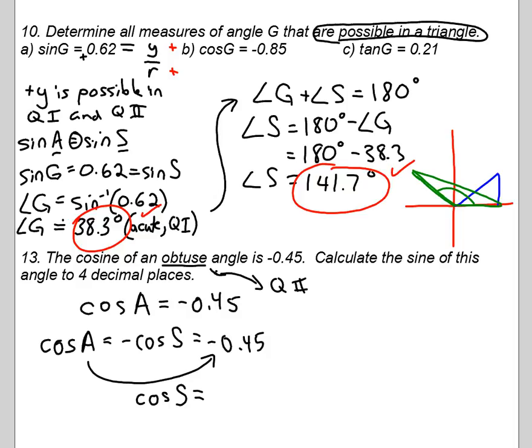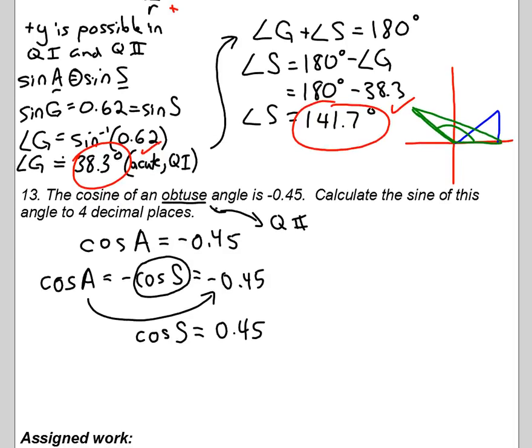If the opposite of negative 0.45 is now the cos of the supplement, then that would be positive 0.45. Except, of course, here we're not looking for the supplement, but we could find the supplement and then go back and solve for the angle. That might be one way to go at it.